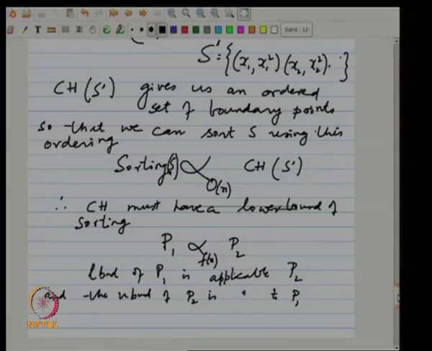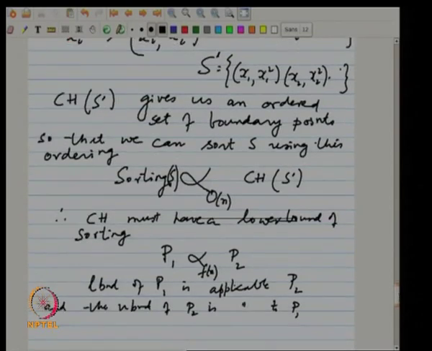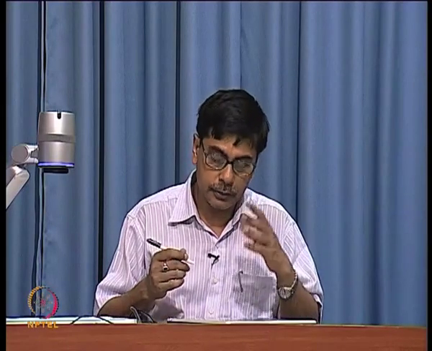Then the previous reduction does not hold, because I have to assume that the convex hull gives us an ordered set of boundary points, so that from there I can reconstruct the sorted set. If the output points were not to be produced in any sorted order, then I cannot reconstruct the sorted points from there.